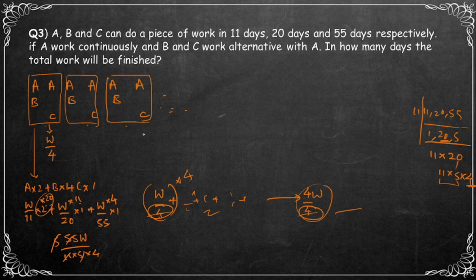So it is taking 4 patterns to complete the total work. Each pattern is 2 days: first day, second day, first day, second day, like that. So it is 4 into 2, which is 8 days, is the answer.